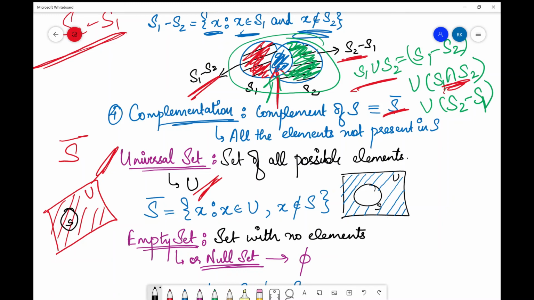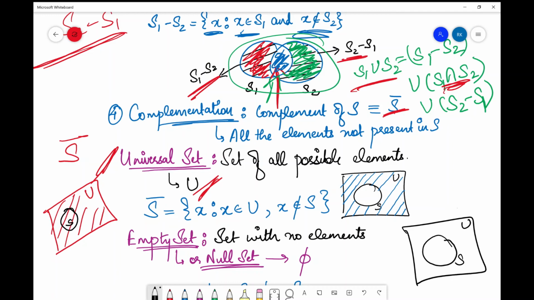Now if I have to write S complement, what would I mean by that? So let's draw it clearly again. I draw this universal set. You can also write it inside or outside, it doesn't matter much. And then I write this set S, okay.